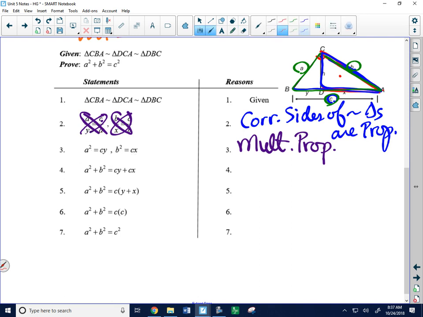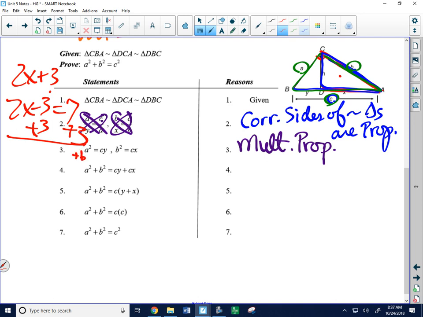It's like if I'm solving an equation and I add 3 to both sides, I'm adding the same thing to both sides. Here I'm adding b squared, and here I'm adding cx. They are equal though, so I can do that.